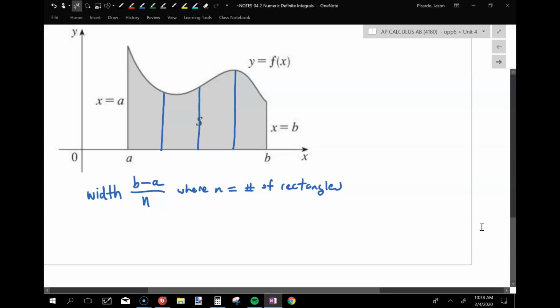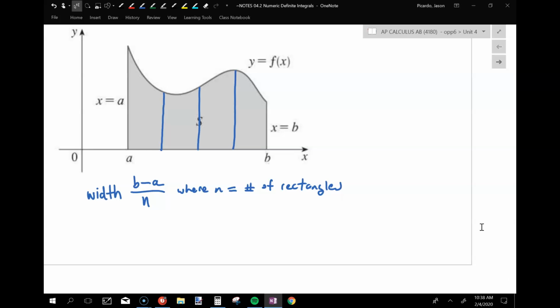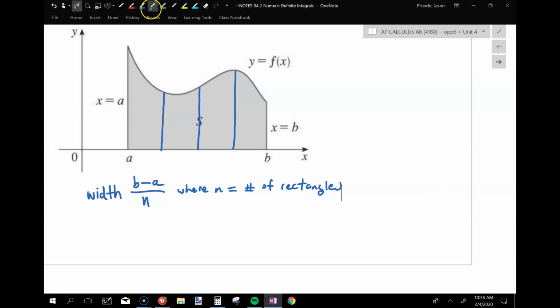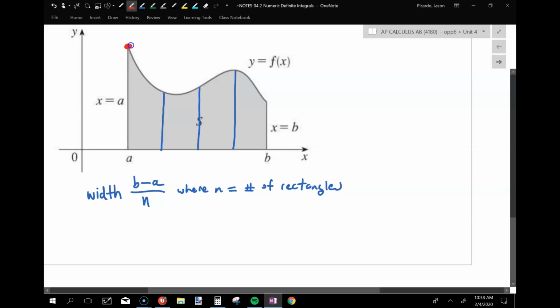Okay. So if I want to do a left side approximation, what am I going to do? Well, I'm going to start on the left-hand side, and I'm going to go to the top of this rectangle. And I'm going to go to the next rectangle and go to the left-hand side. And I'm going to go to the next rectangle and go to the left-hand side, and the next rectangle and go to the left-hand side.